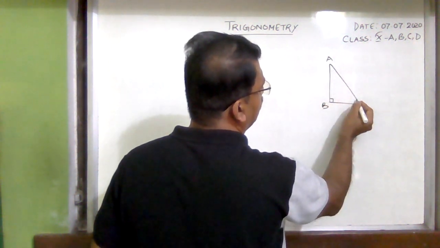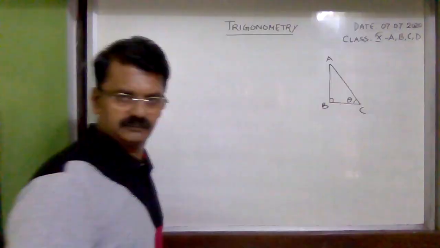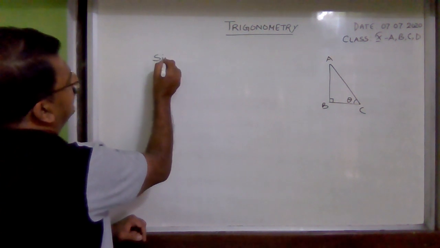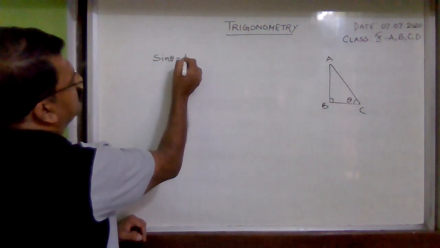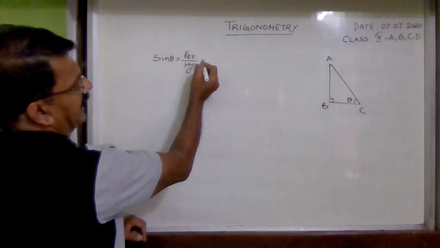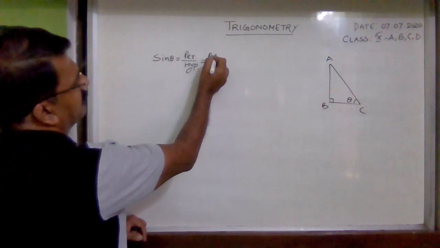ABC triangle. This time I have taken this angle as theta. Now sine theta is perpendicular upon hypotenuse, that is AB upon AC.